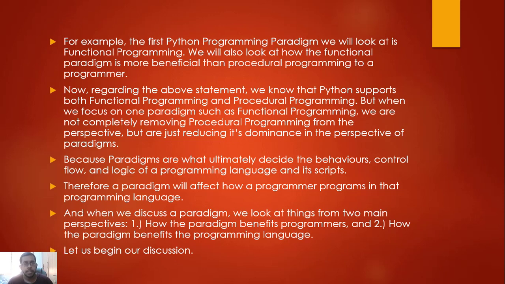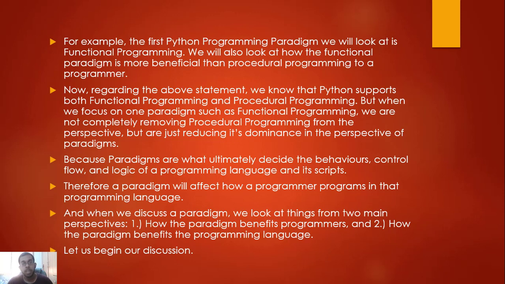Now, regarding the above statement, we know that Python supports both functional and procedural programming. But when we focus on one paradigm, such as functional programming, we are not completely removing procedural programming from the perspective, but are just reducing its dominance in the perspective of paradigms.